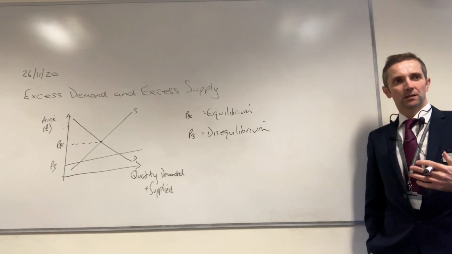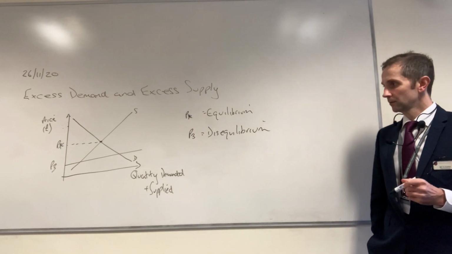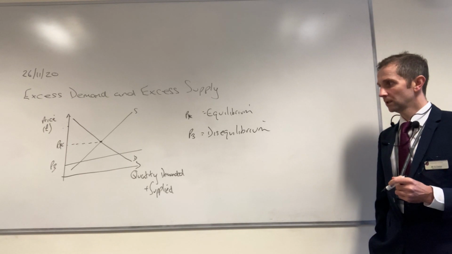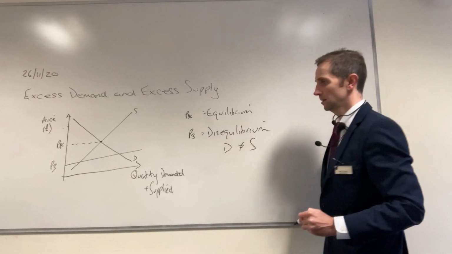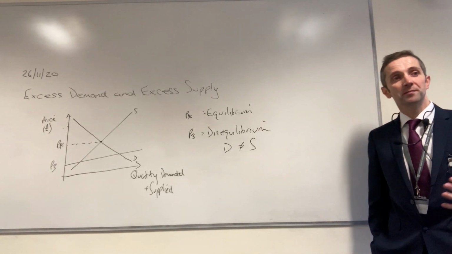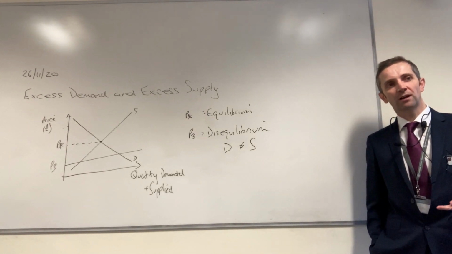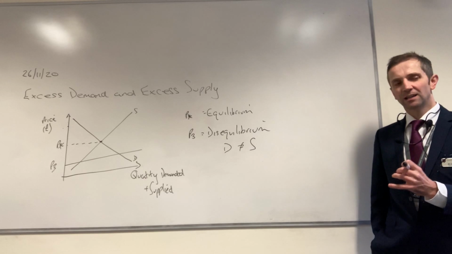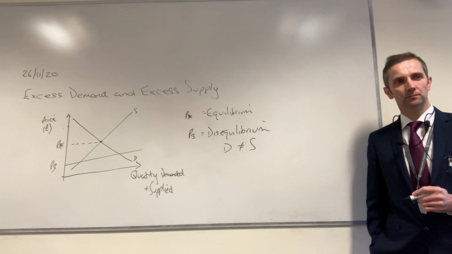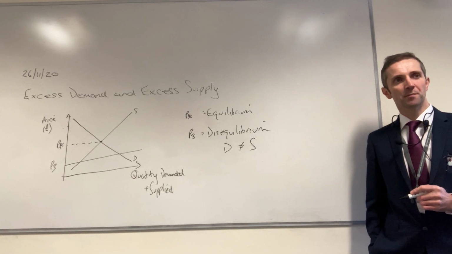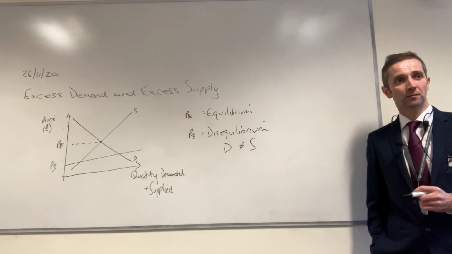Yeah, demand does not equal supply. And can you fill us in a bit more on that? So what do we need to highlight on the diagram to say exactly what's going on here? I mean, we're just doing a mirror image of the one that you've just done.